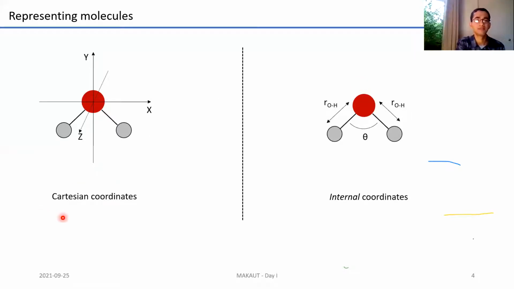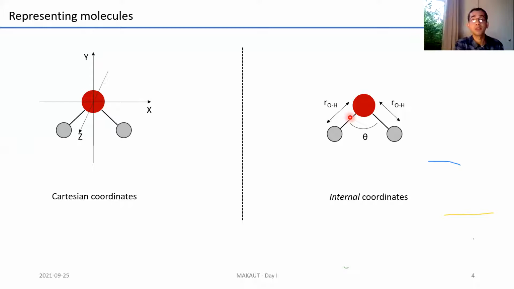The first system is Cartesian coordinates and the second system is internal coordinates. With Cartesian coordinates, you put a molecule, this is water, oxygen and two hydrogen atoms, in Cartesian space and assign XYZ coordinates to all three atoms. The advantage of internal coordinates over Cartesian coordinates is that you don't need to define XYZ, but you can define parameters which are much more closely related to the molecule itself.